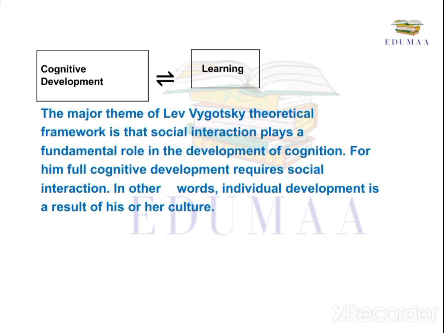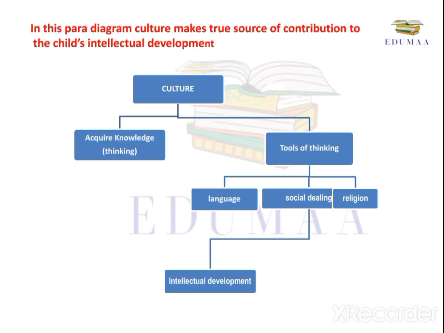The major theme of Vygotsky's theoretical framework is that social interaction plays a fundamental role in the development of cognition. For him, full cognitive development requires social interaction. In other words, individual development is a result of his or her culture.